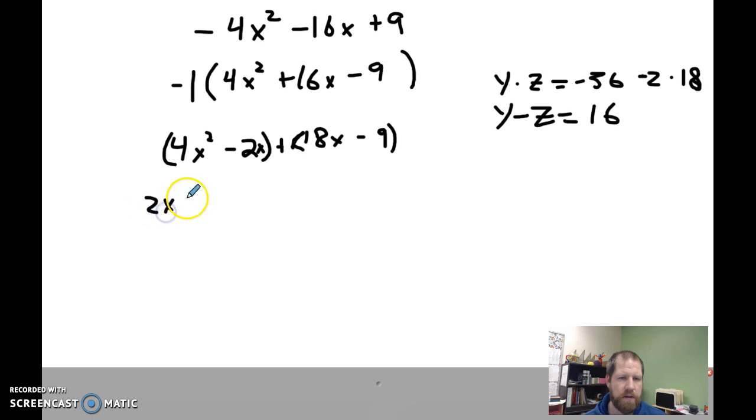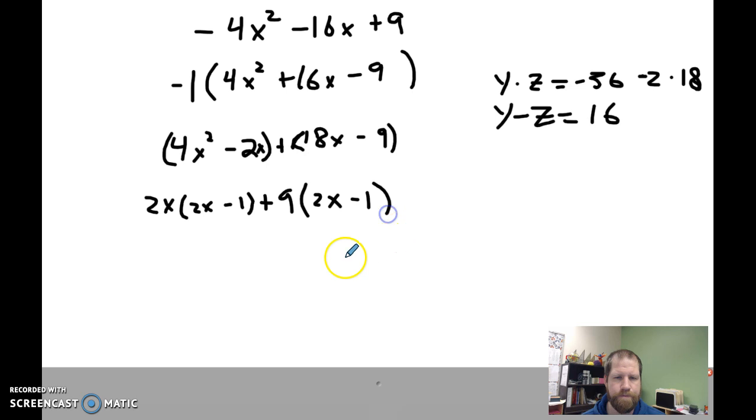So 2x times 2x is 4x squared. 2x times -1 is going to be -2x. Plus my greatest common factor here is going to be 9. So 9 times 2x minus 1.